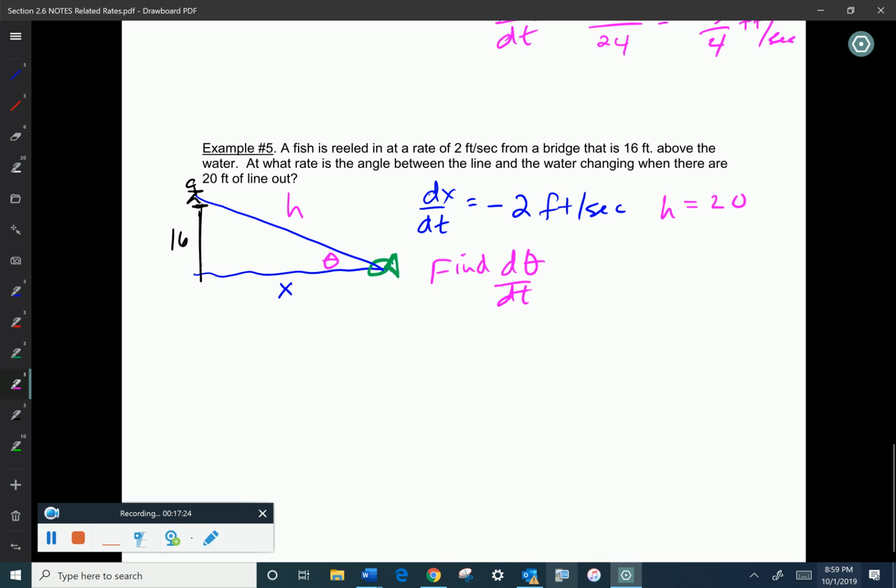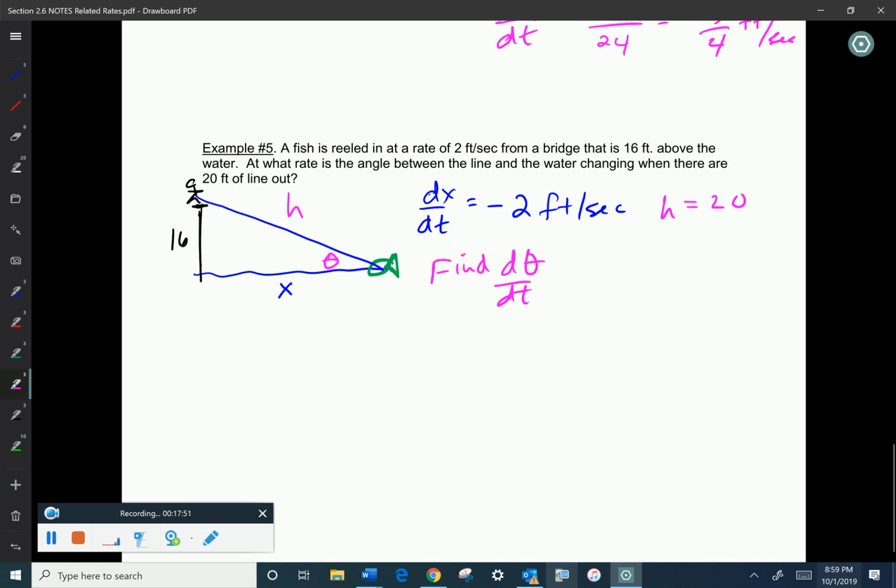All right, so if I'm trying to find d theta, I need an equation that has a theta in it. Well, luckily, you've had pre-calculus. Couldn't we just pick a trig function? Now, I could use any of the trig functions. Why don't we pick a trig function that uses the 16, because the fewer variables, the easier my derivative should be.